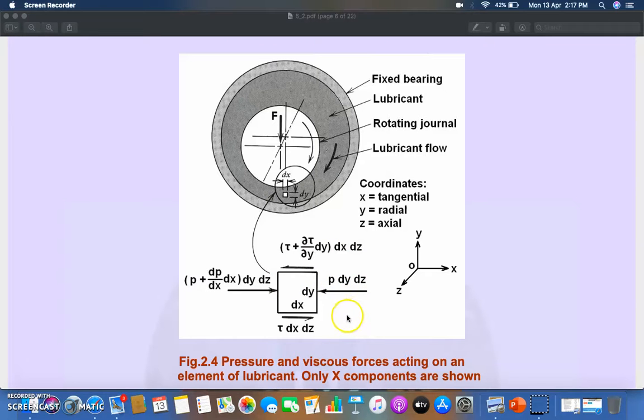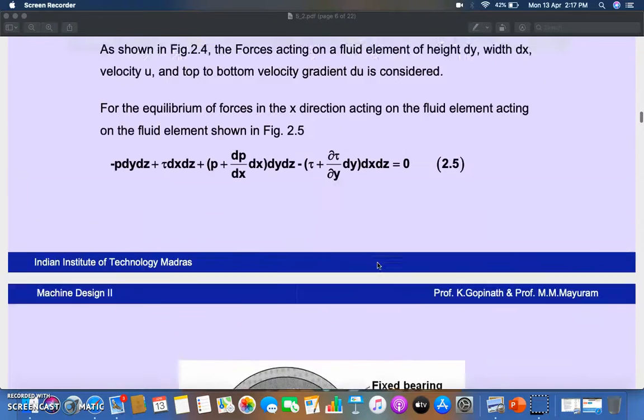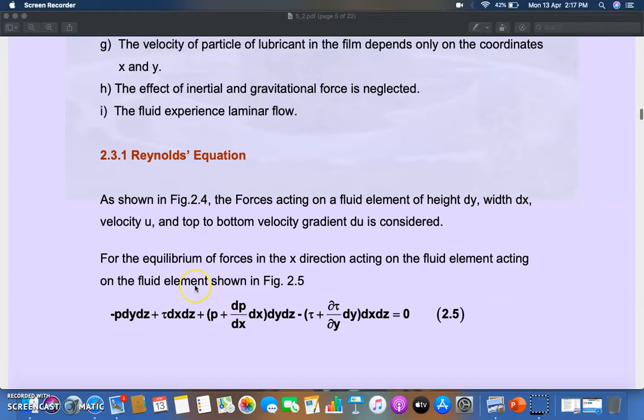If you balance the forces in the x and y directions, for the equilibrium of forces in the x direction you will find this equation: p dy dz plus tau dx dz plus (p plus dp/dx dx) dy dz, where dy dz is the area. Similarly, this is the force in the y direction, and dx dz is the area.